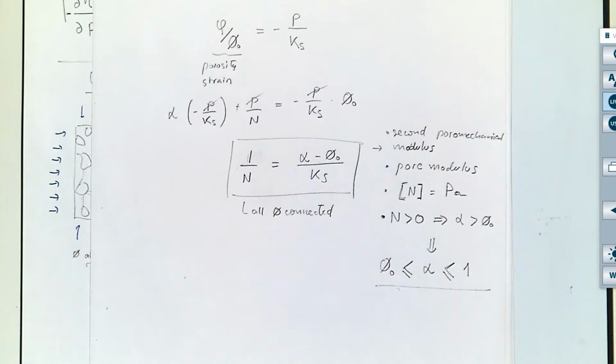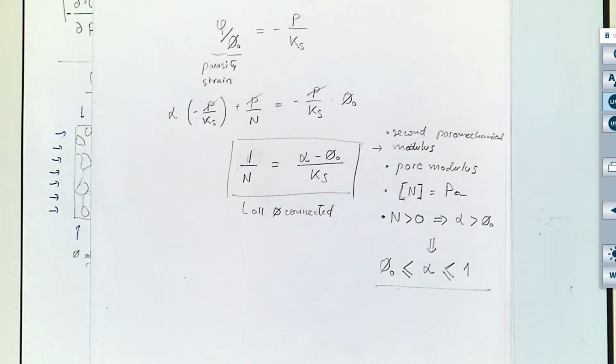Yeah, Chuck. It's more like a conceptual question. Yes. You are now assuming all pores are connected. Right? So if you have a closed pore that is not effective. We're going there. These equations help you to understand conceptually what is alpha, what is N, but are very limited because they are just considering all connected porosity.